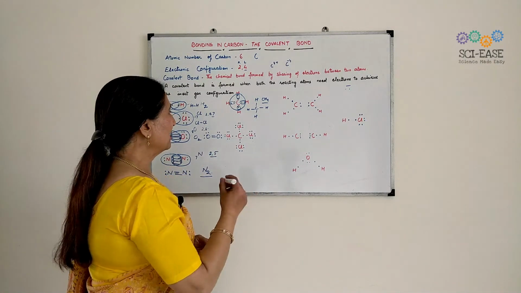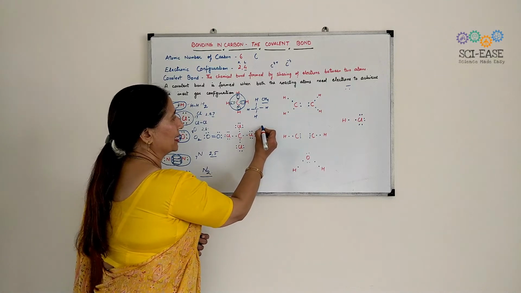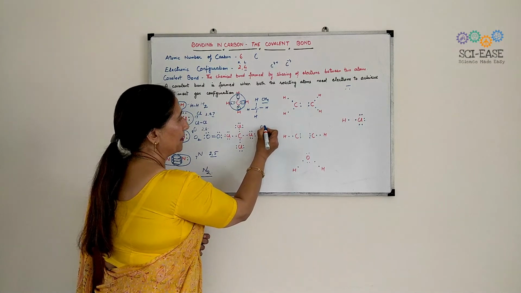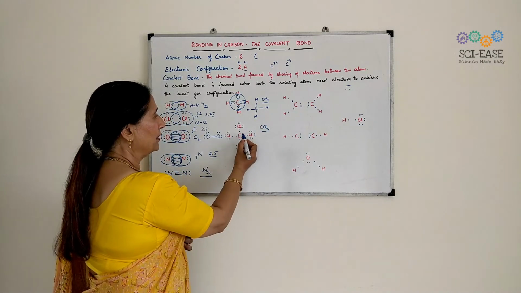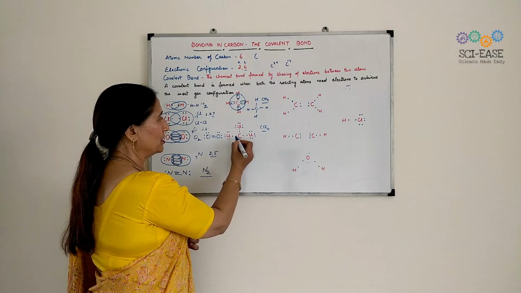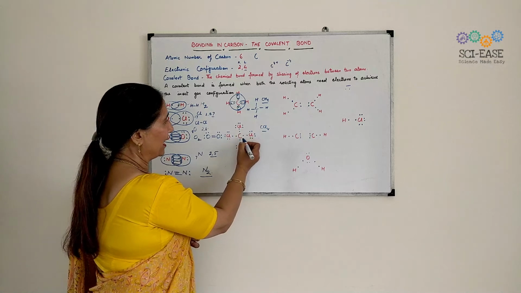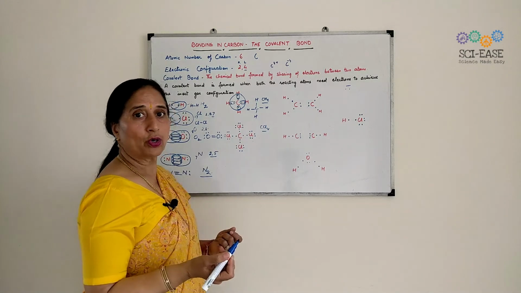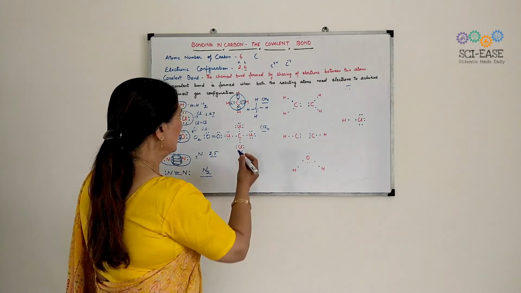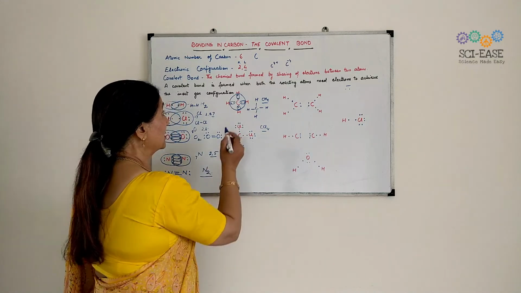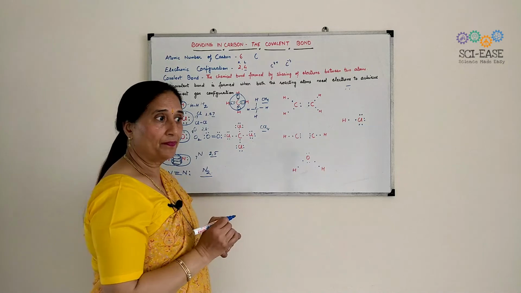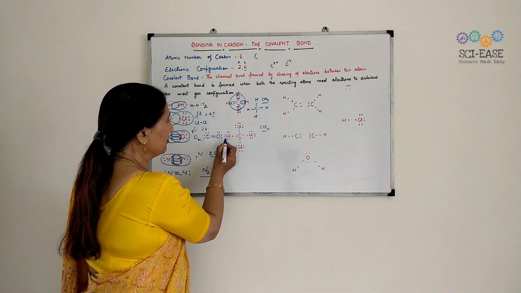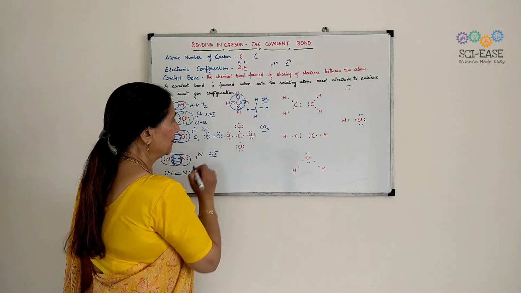Now you can take the case of carbon tetrachloride, CCl4. Carbon has 4 electrons. I have put black crosses around it. You can put dots also. Now chlorine has, as I have already told you, 7 electrons. So 7 electrons I have represented by blue crosses.